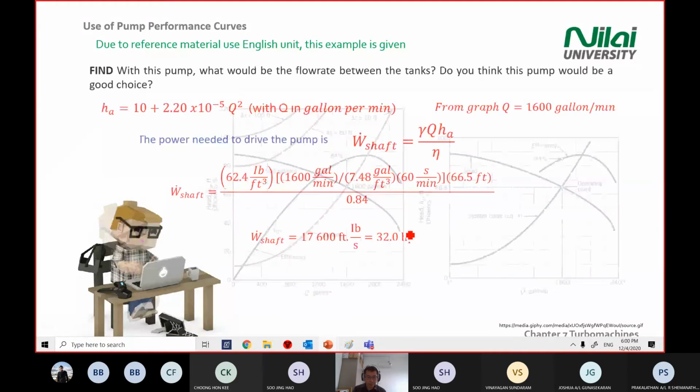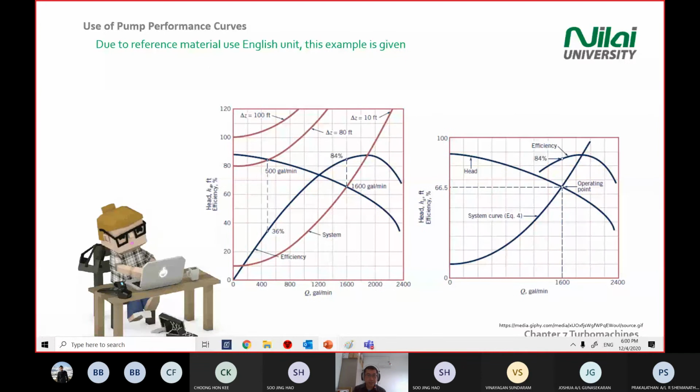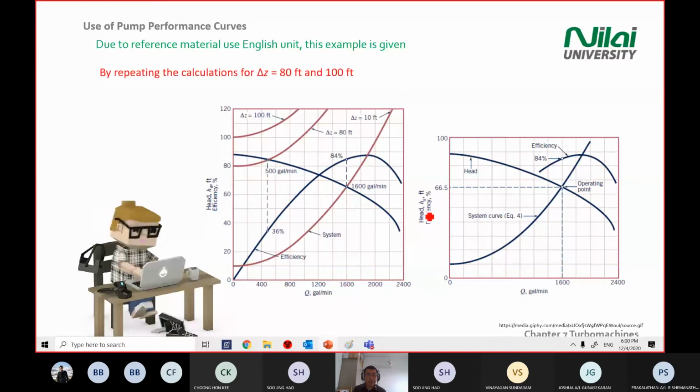All right. So another one is just selection. Selection between, because we have a question that asks us about 80 feet and 100 feet.